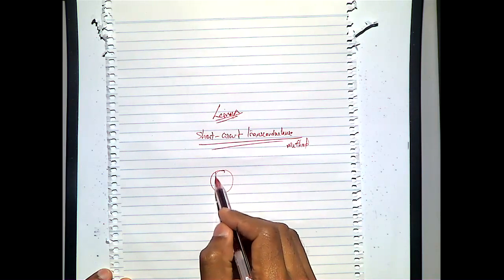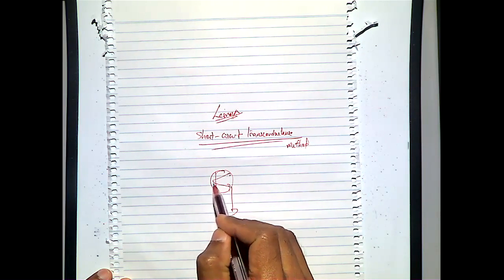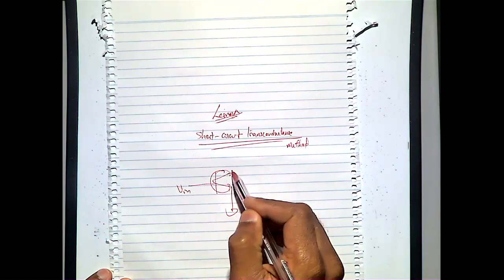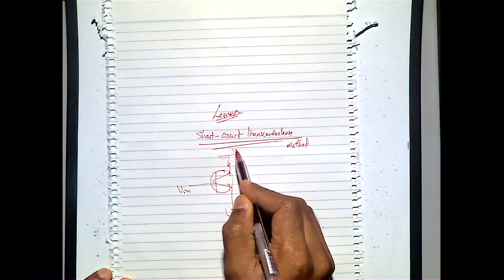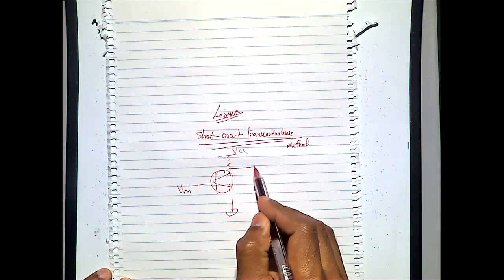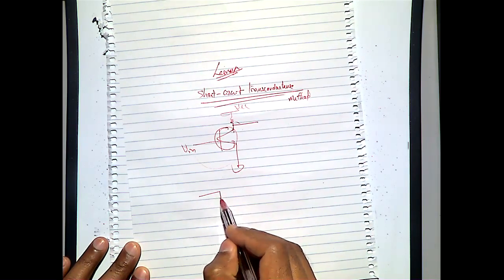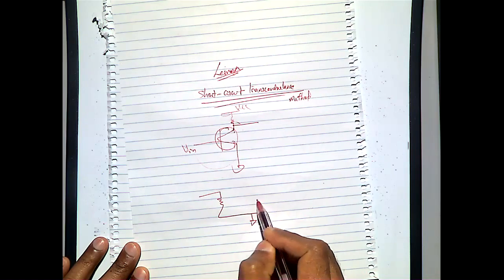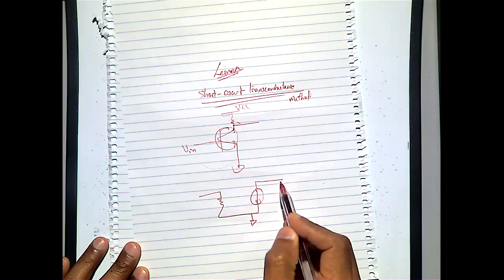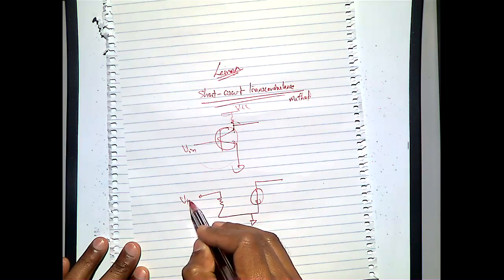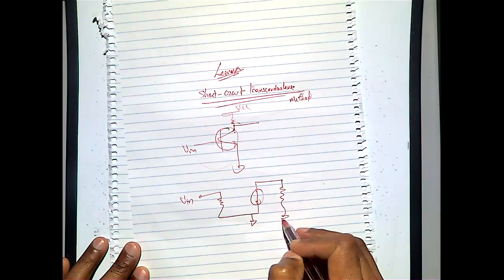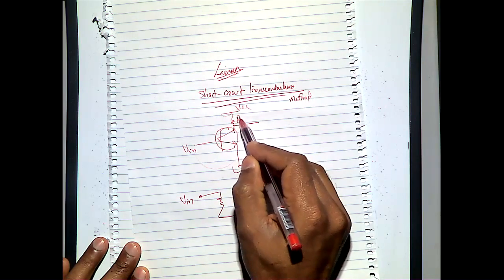Short circuit transconductance is when you have an amplifier and you have to find out the gain. The method is, this is your output, and then they will draw the small signal. So again, you need a small signal, but what it says is you draw the small signal, this is a V in, and this is your RL.